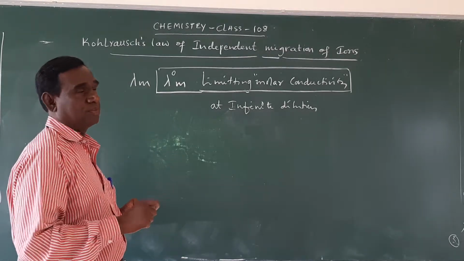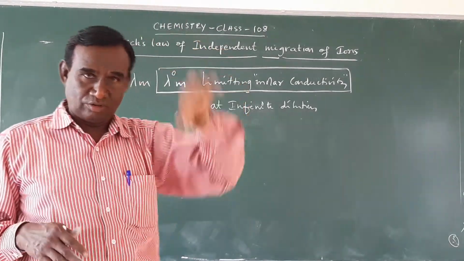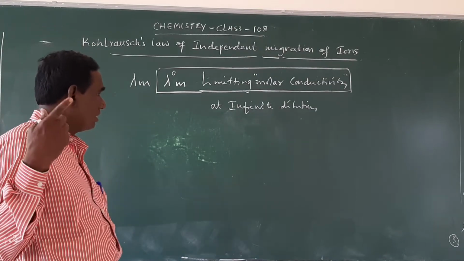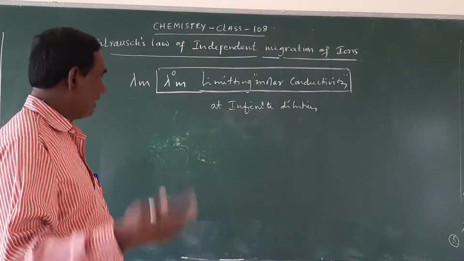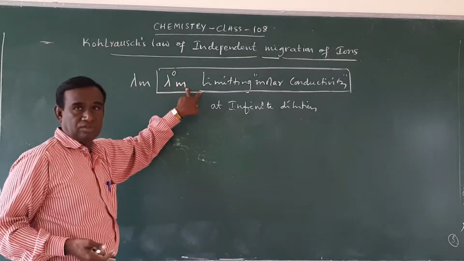That least value is called the limiting molar conductivity. It is the conductivity of the electrolyte at infinite dilution. Therefore, limiting molar conductivity is the molar conductivity at infinite dilution, and it is denoted by lambda naught.